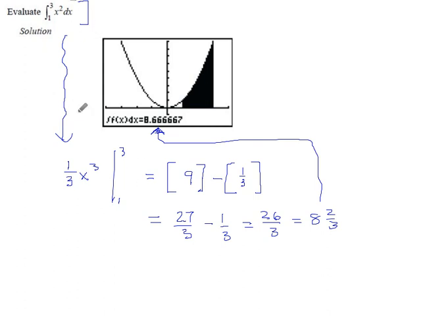Talking about notation for just a second, up here, the function that we integrated, what we call the integrand, is usually just written as f of x, and its antiderivative is written as capital F of x.